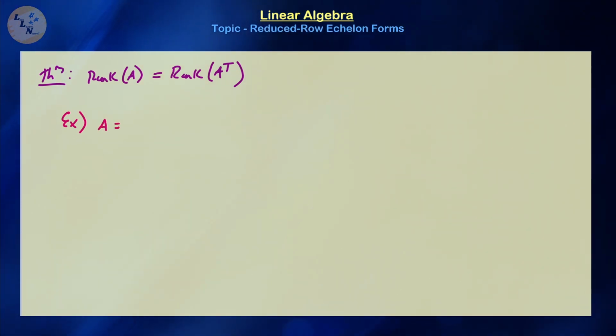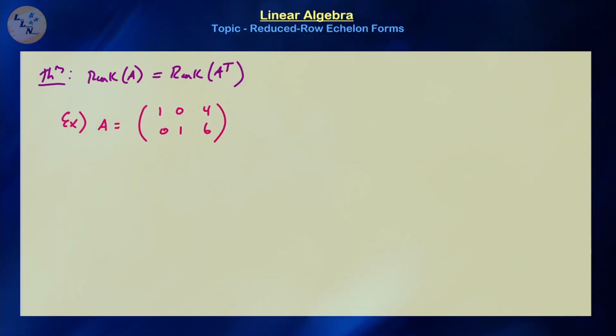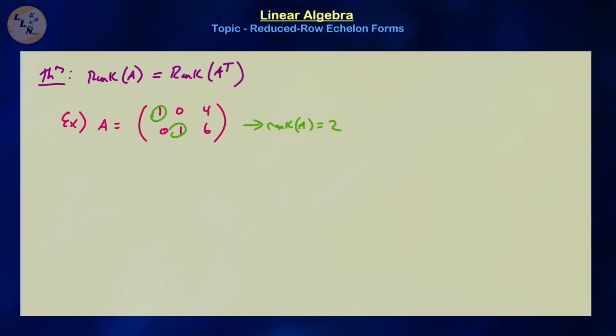And I invite you to give that a shot in terms of a proof. Let's look at a little example to see how that works. Let's assume A is the matrix 1, 0, 4, 0, 1, 6. Already A is in reduced row-echelon form, and the rank for this matrix will be equal to 2. Now if we look at the transpose, A transpose, the first row becomes the first column, so 1, 0, 4. Then we have 0, 1, 6.